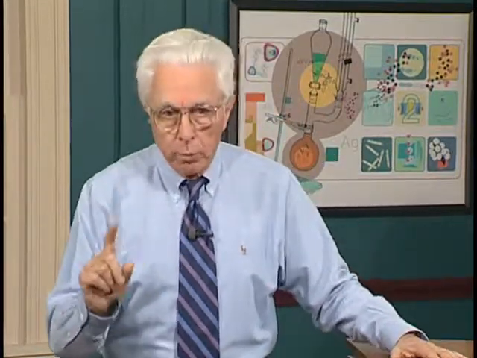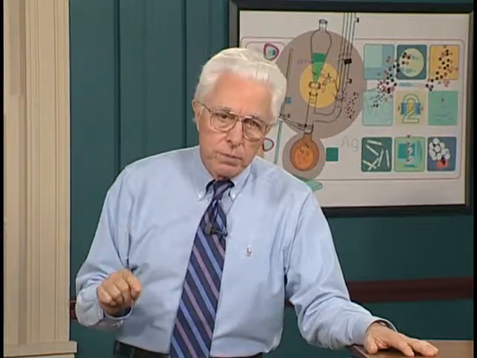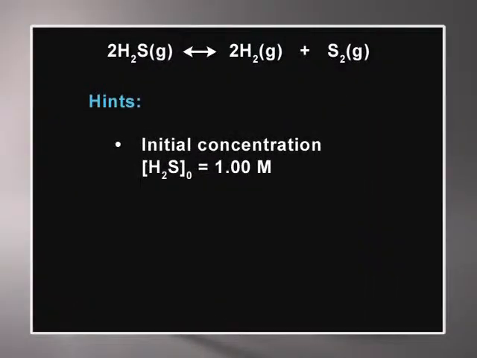Here's the most critical point. This is not an equilibrium concentration. This is what I put into the container initially. Now you may recall that we said initial concentrations are indicated by putting a little subscript of 0 below the symbol for the concentration of something.